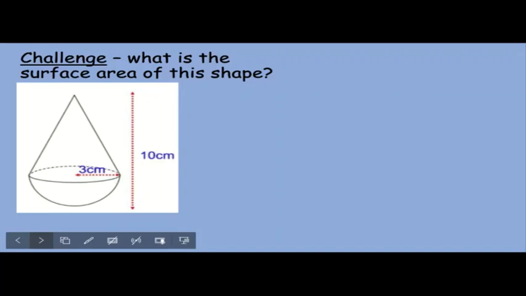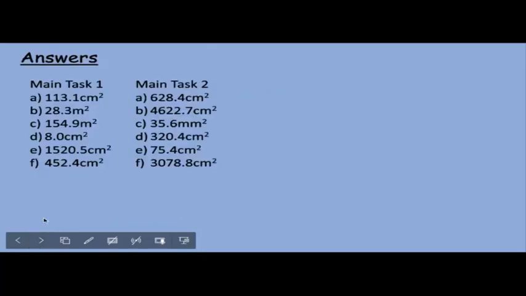Okay, so marking your own, here are the answers to the first two parts of the main task.